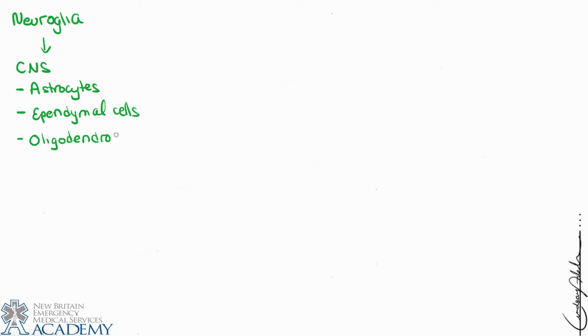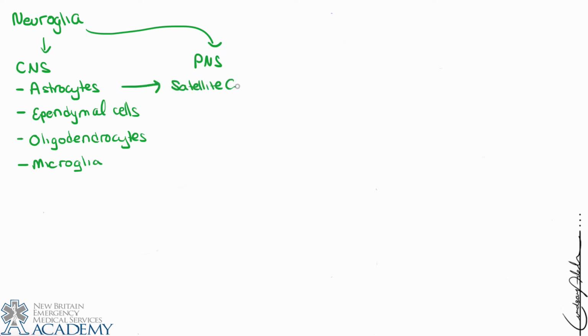All right, so just to recap quickly, since I didn't write this before, the CNS contains astrocytes, ependymal cells, oligodendrocytes, and microglia. And the peripheral nervous system actually contains a different set of neuroglia, but there are some similarities. So in the PNS, satellite cells are comparable to astrocytes, and Schwann cells are comparable to oligodendrocytes.